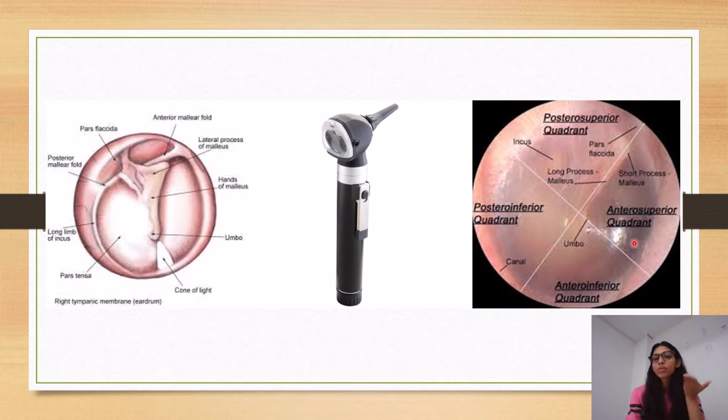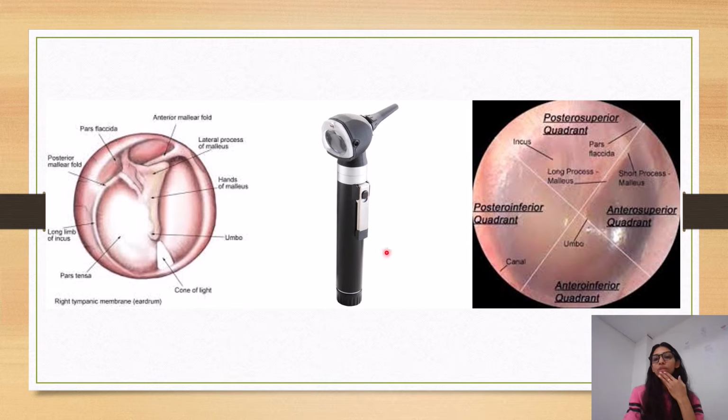Whatever cone of light you're seeing while observing using an otoscope is a reflection of the light that you're putting from the otoscope, going and hitting the umbo and reflecting back. So the cone of light is actually a reflection of the umbo.